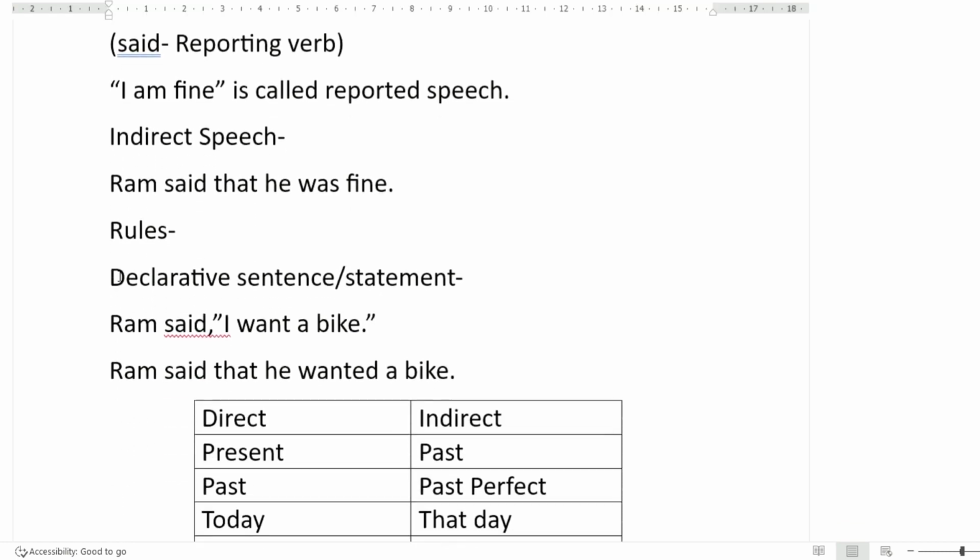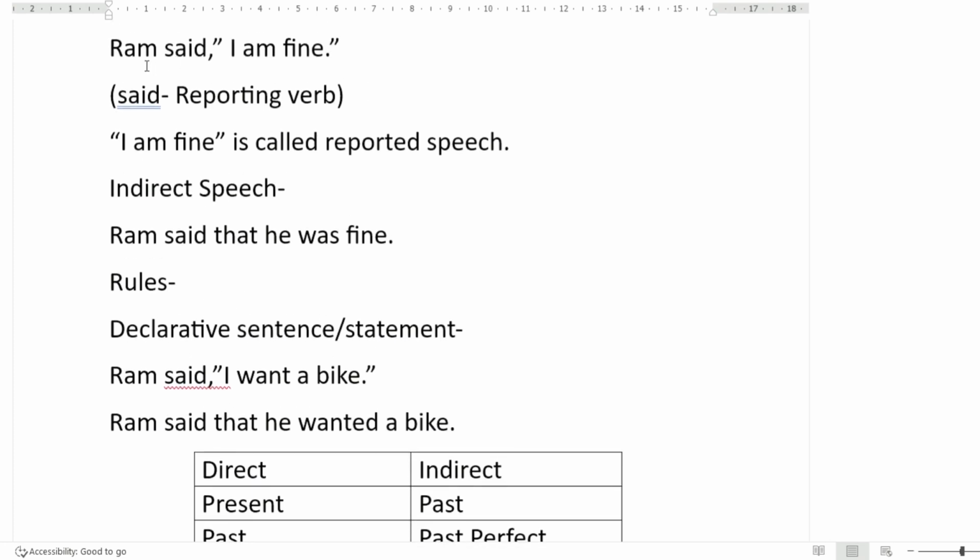Now, what is indirect speech? When we repeat the words of the speaker and make some changes while doing it, that is called reported speech or indirect speech. For example, in direct speech the sentence was, Ram said, I am fine. In indirect speech or reported speech, the sentence will be, Ram said that he was fine.